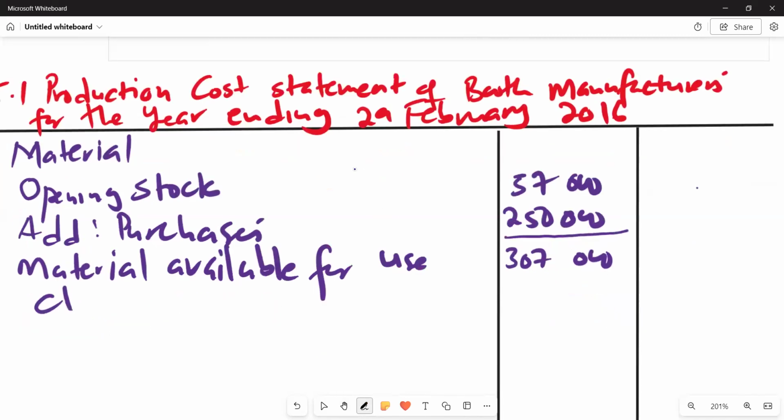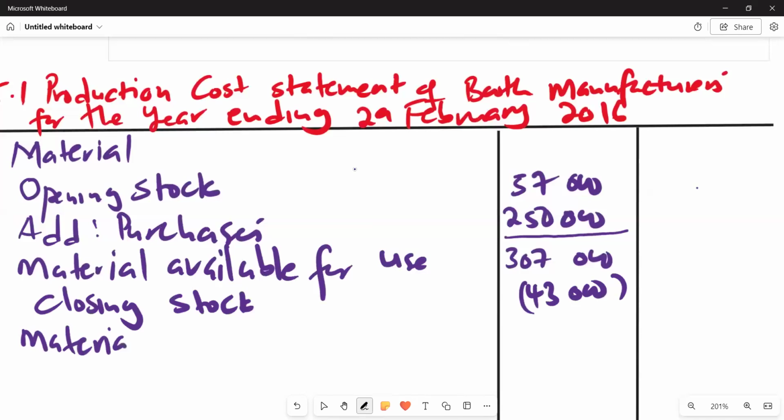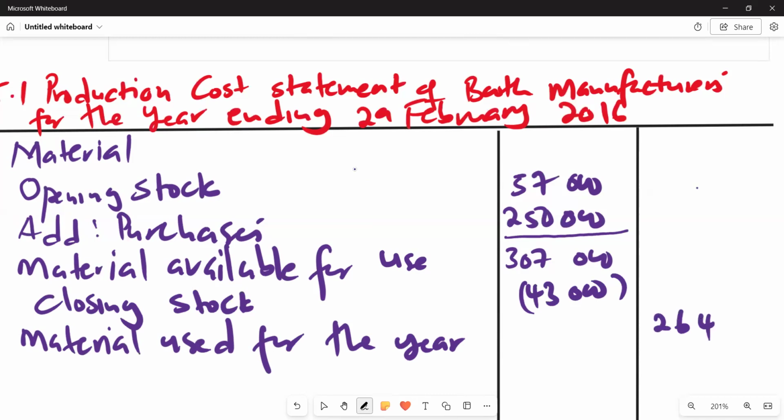Remember, we identified that closing stock is 43,000 according to the question. Then when we subtract it, we are going to get your material used for the year. We say 307,000 minus 43,000, you get your 264,000.